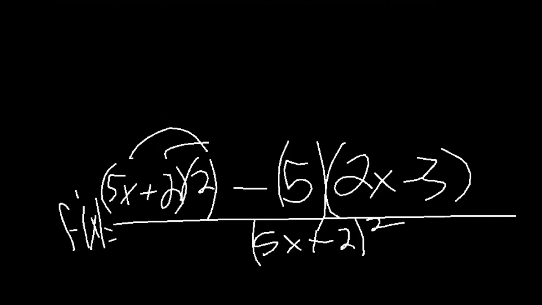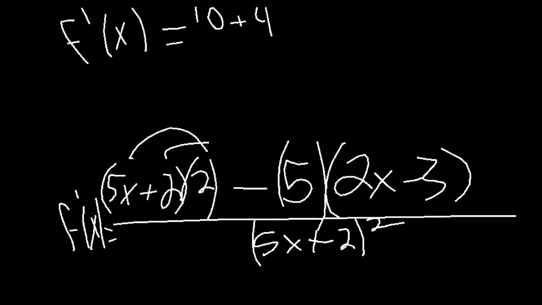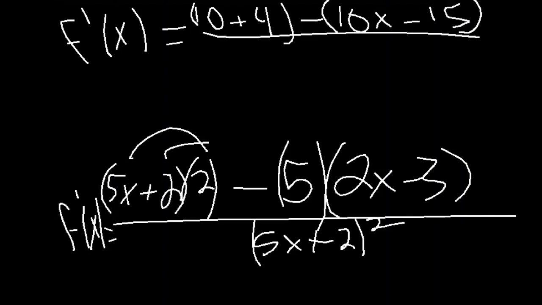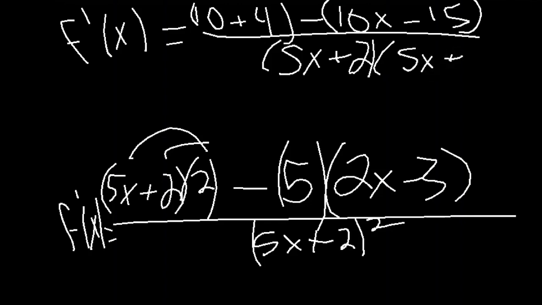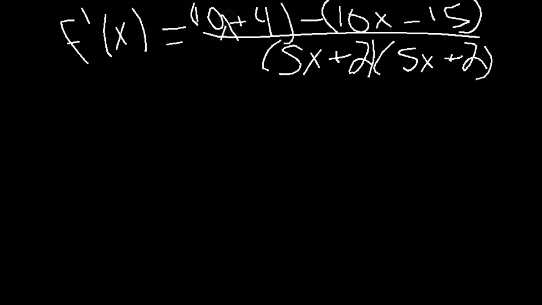So we have f prime of x is equal to 10x plus 4, put that in parentheses, minus 10x minus 15. Also distribute this. Plus 2. Okay, so I forgot to add the x.